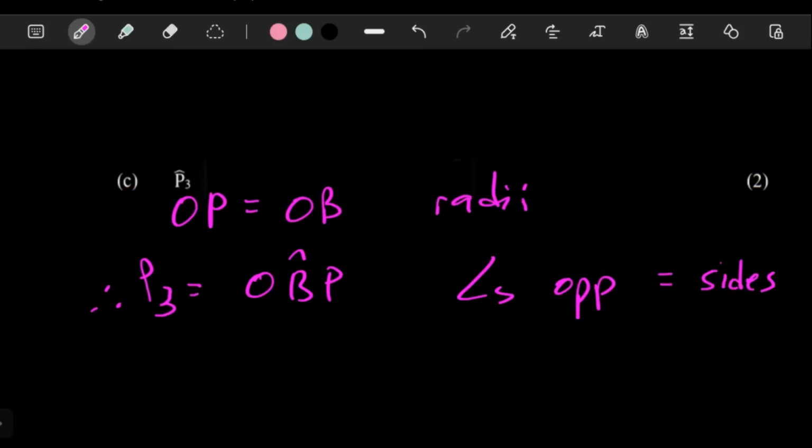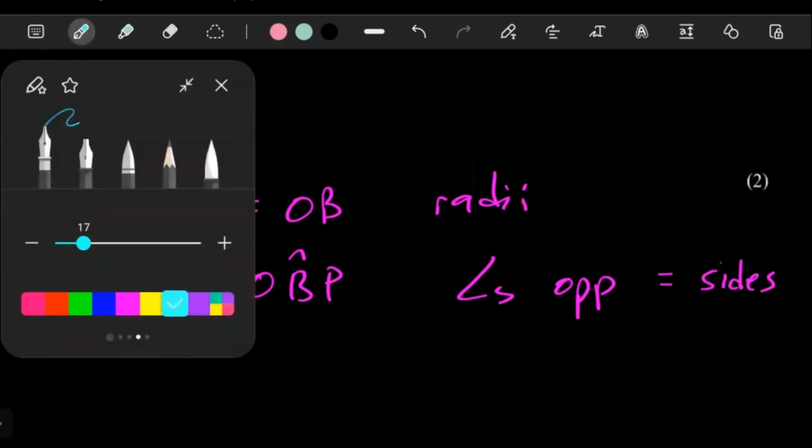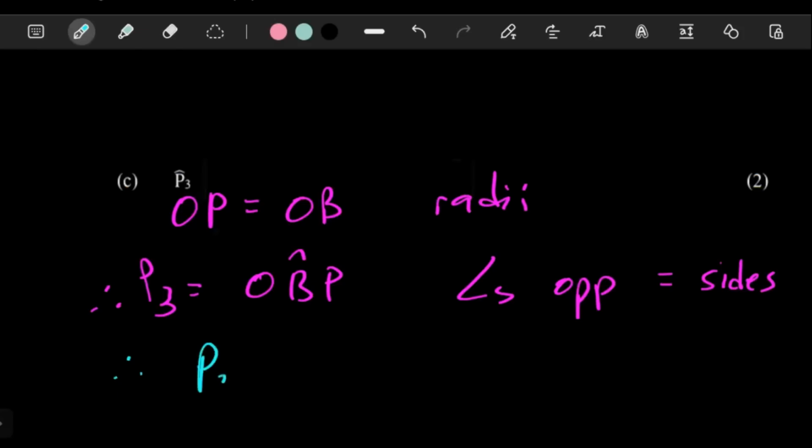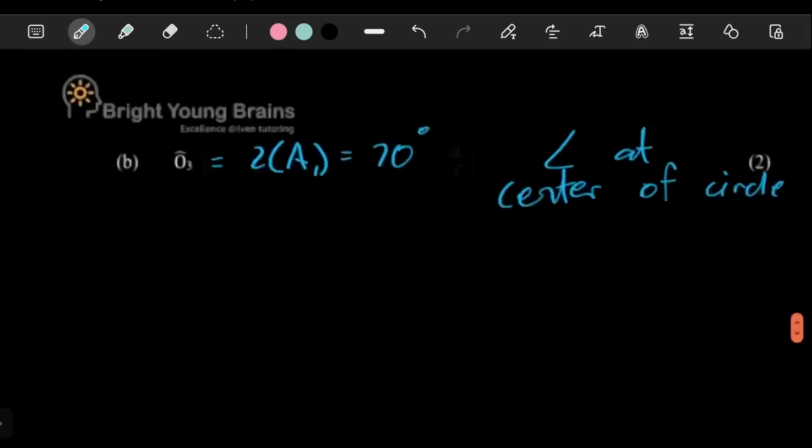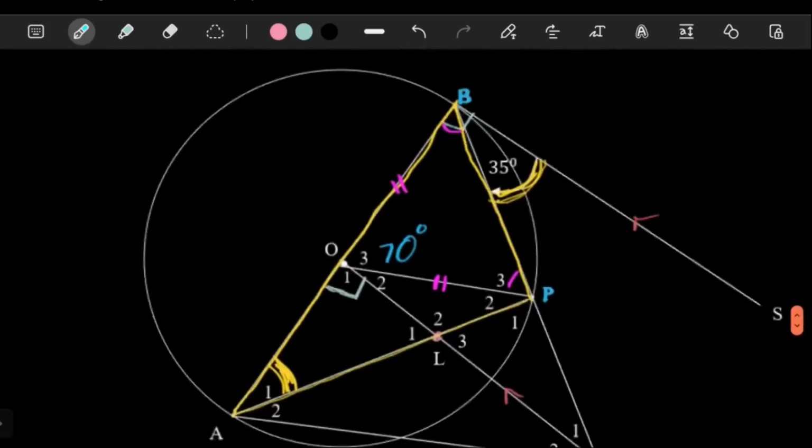So now that we have stated that those two angles are equal to each other, we can easily say therefore P3 is equal to 180 minus that 70-degree angle. Whatever is left, you cut it in half. And the reason for doing this is interior angles of a triangle. So this is going to be 110 divided by 2, which is 55 degrees. That's P3.